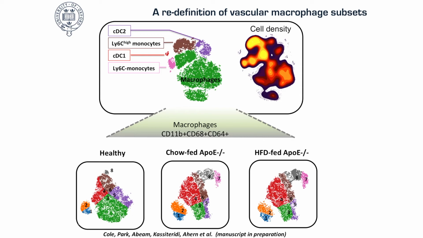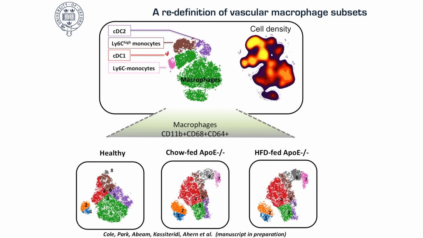Once we analyzed the chow-fed ApoE knockout mice, which are hypercholesterolemic but not taking a high-fat diet, quite late in the disease, we saw that there were in reality only two populations of macrophages quite significantly different from a healthy aorta. This is this cluster, and you can see here this other one. When you start high-fat feeding the ApoE knockout mice, these populations are even more enriched.